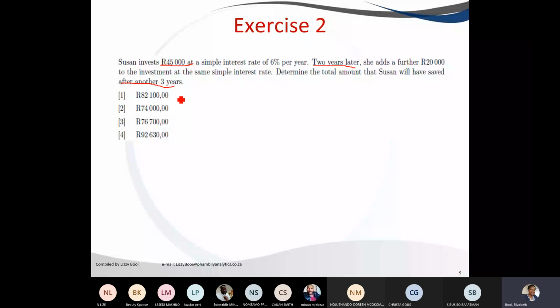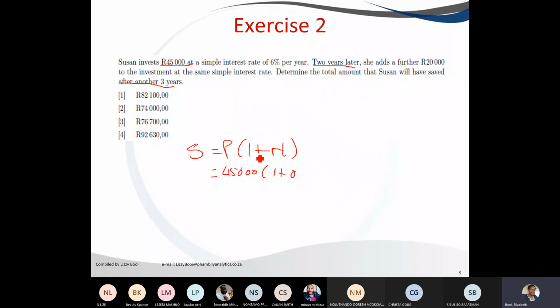You just need to calculate your future value. So you will calculate your future value for the first one, which will be given by 45,000 times (1 plus our rate of 0.06 times the period of 5 years).